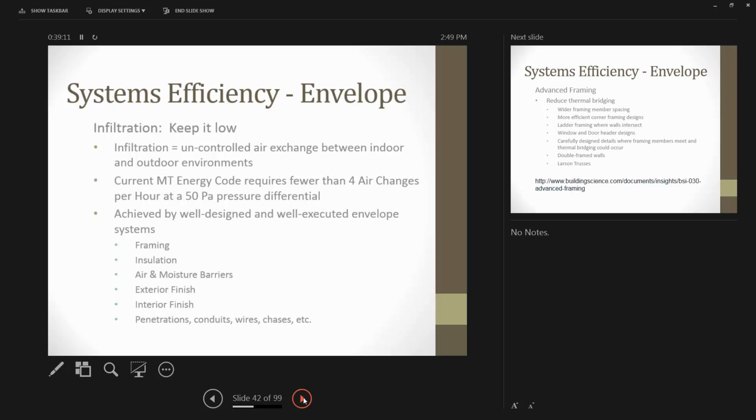But if you get it down below 4 air changes per hour, you can be creating a situation that's potentially hazardous to the occupant. So again, looking at systems design, you can't just go in and say, okay, we've got $1,000, we're going to put $1,000 worth of improvements into the building envelope, and we're done.